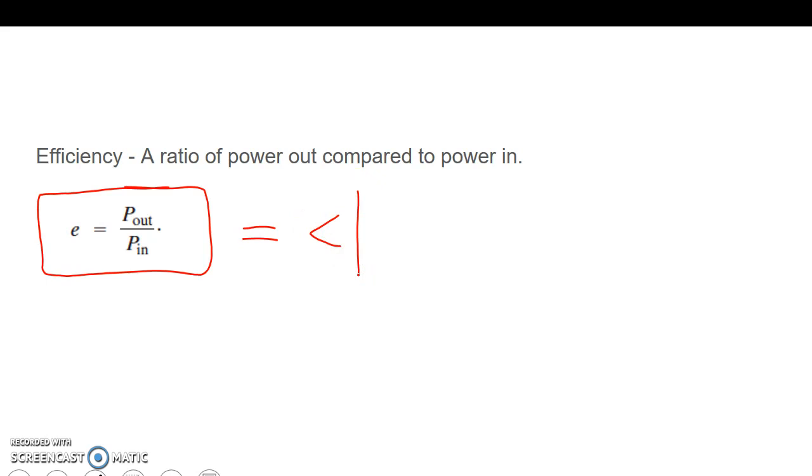There's just too many things going on, friction is there. If you ever can make power in and power out equal, you've solved energy problems. You'll make the most efficient running vehicles ever. So efficiency is the ratio of power out compared to power in, and that might come up somewhere in reading or in something that we do later on. So just something for you to know.